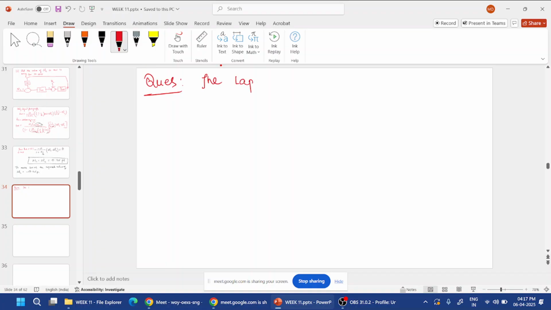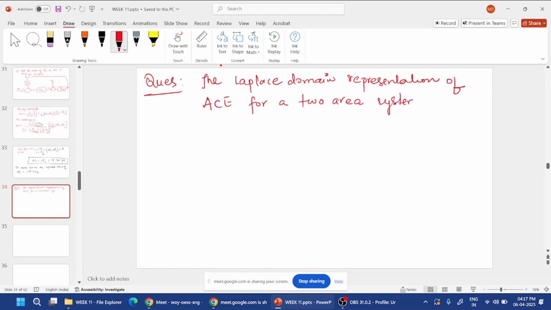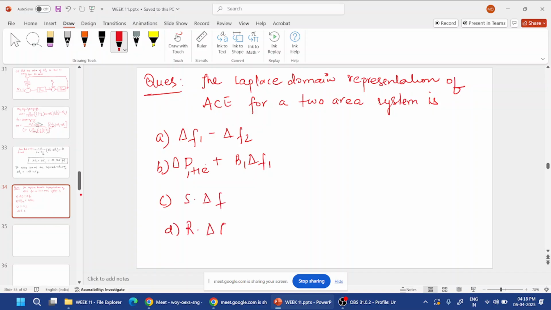The Laplace domain representation of ACE for a two-area system is: first del F1 is minus del F2, B P tie del F plus B1 del F1, C, S del F and D R del F S. So we have to get the correct representation.